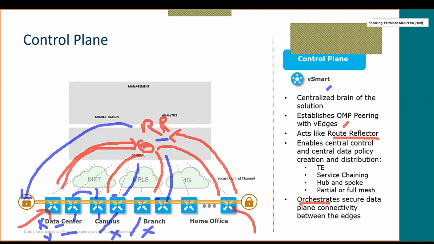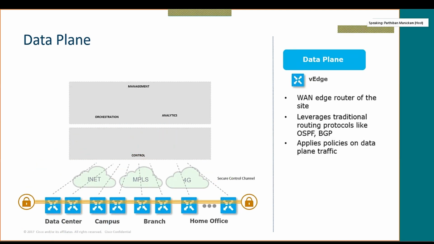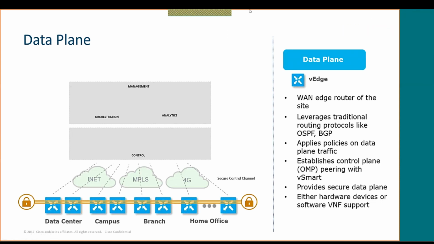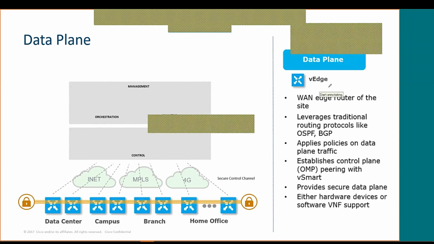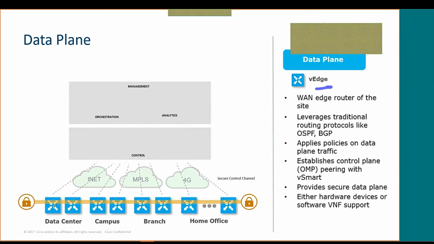So the WAN edge router leverages traditional routing protocols like OSPF and BGP. One point I wanted to add for the data plane, that is the WAN edge. While we are introducing the vEdge routers, we can still use local routing protocols like OSPF. If it is Cisco, we can use EIGRP, or even static routes and BGP.